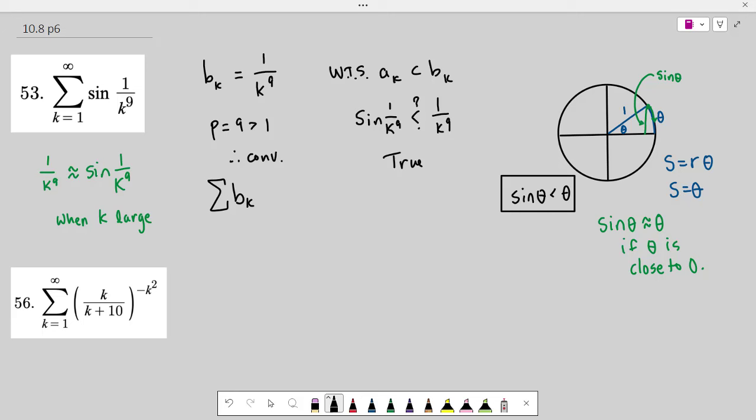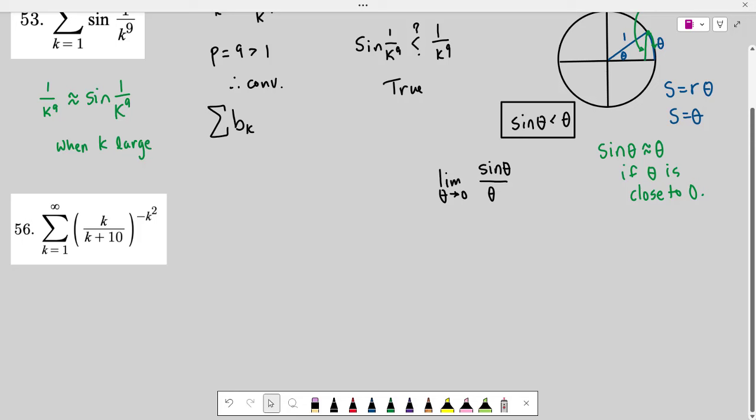The sine of theta is about equal to theta, but also sine of theta is less than theta. You can see it from the picture: sine of theta is always less than theta because theta is that arc. But they approach 0 at the same rate, essentially. This is the thing you did in Calc 1. Didn't you do this limit, sine theta over theta as theta goes to 0?